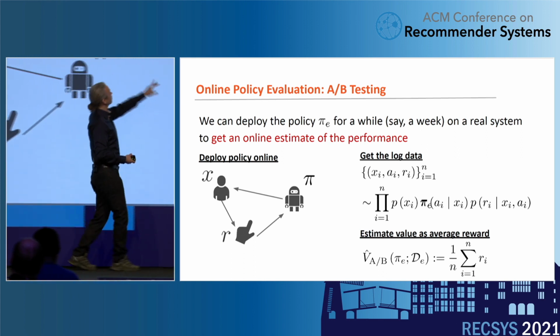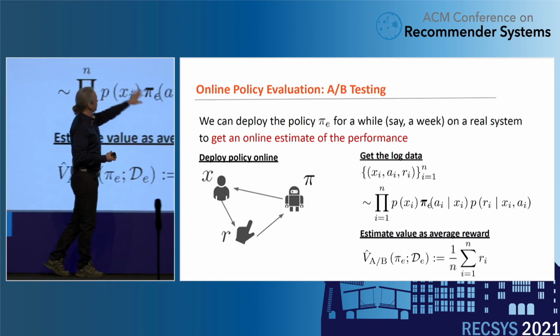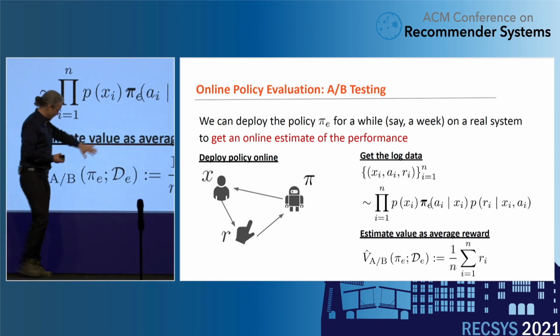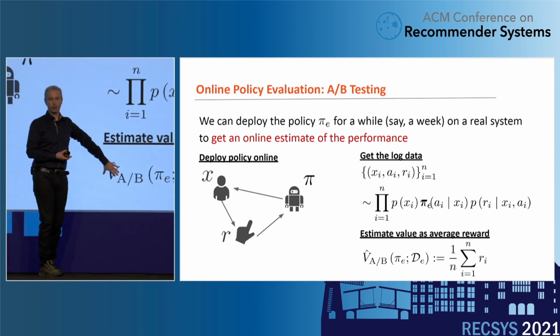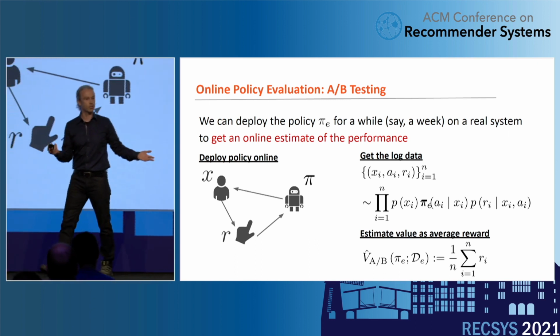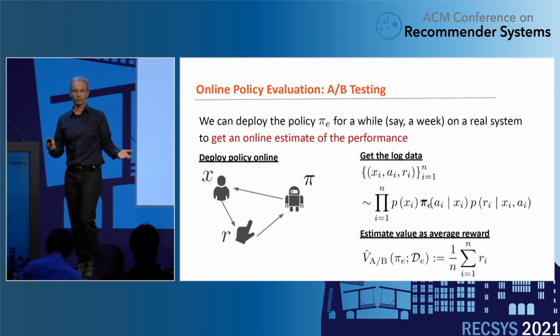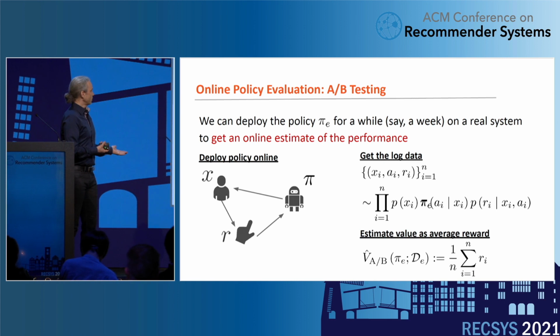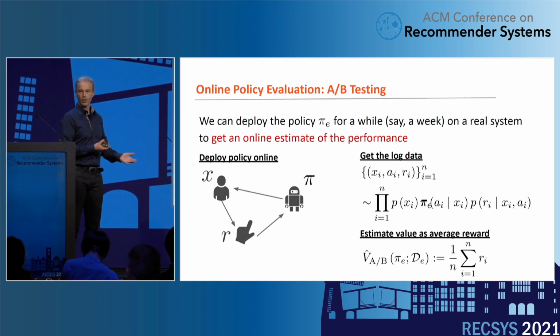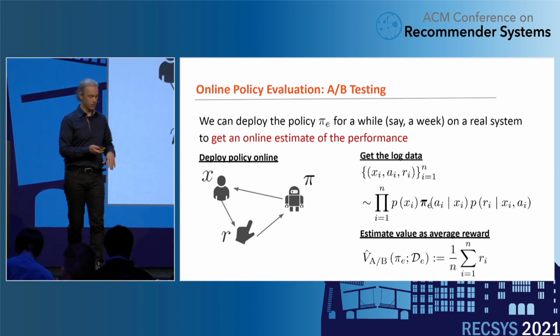We call this pi E for evaluation policy. We get data from this policy, and then estimating the value is super simple, right? We just take the average of the rewards that we observe, and that's an estimate of our expectation. So I think that's the gold standard in evaluating policies. Everybody does that.